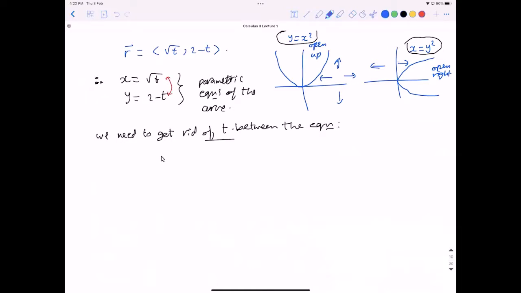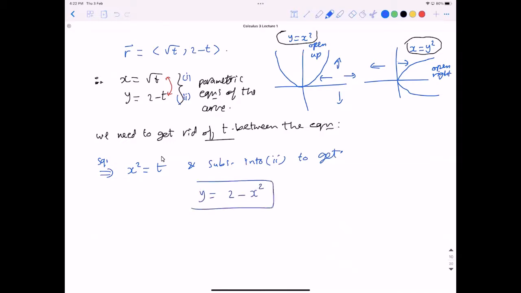This is the idea. So x squared equals t. Square the first only, and substitute into the second. This is 1. This is 2. Substitute into 2 to get y equals 2 minus x squared.